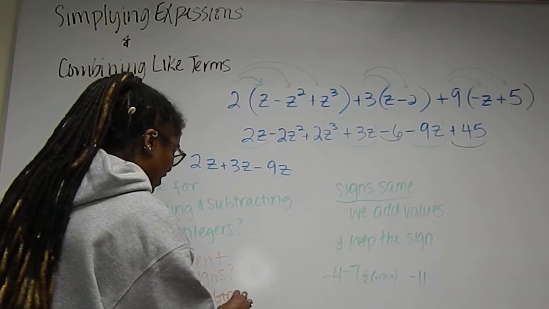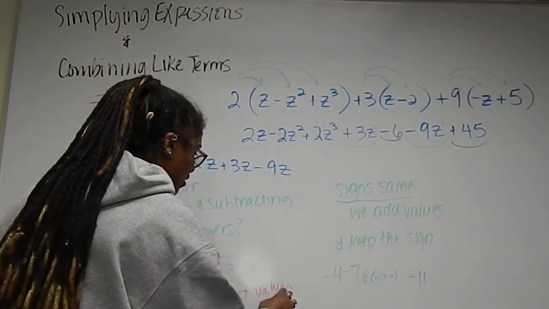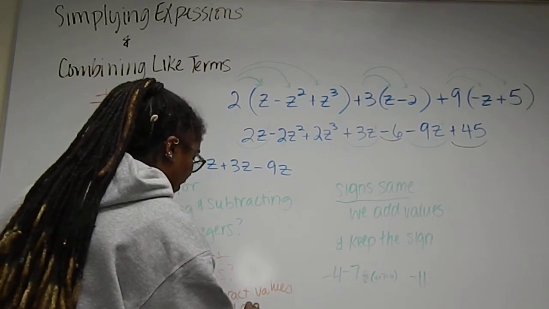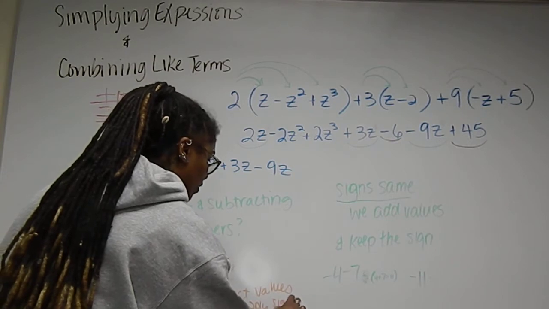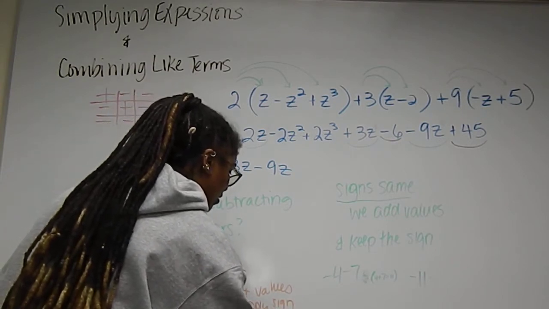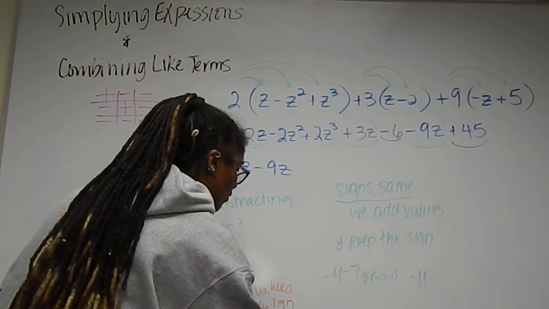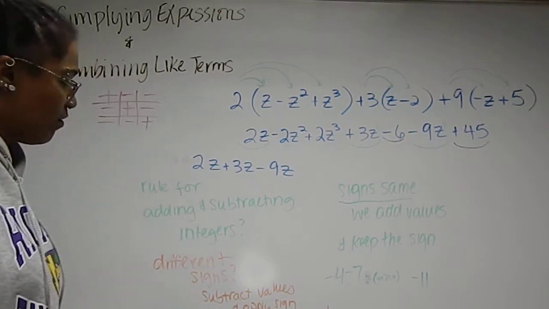It looks like orange, right? Subtract values and apply the sign of the biggest number, or the biggest value, right?